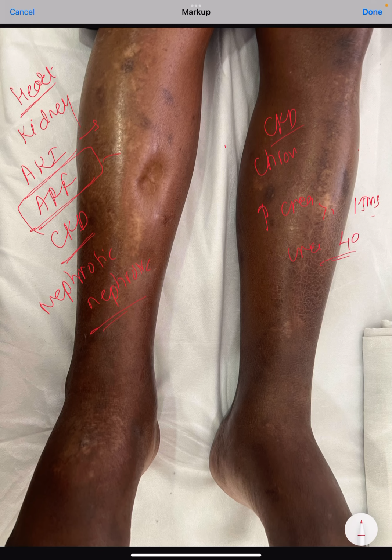That is the reason why any patient who has pedal edema, renal function test should be done to see the potassium level, the creatinine level, the sodium levels, because this creatinine and urea will tell you whether the patient may or may not have CKD.